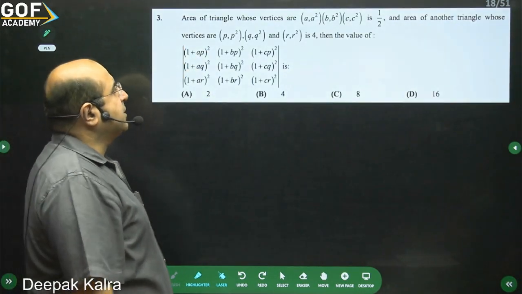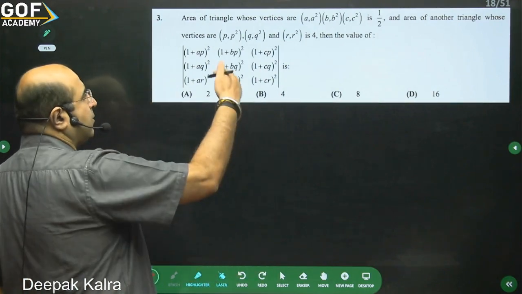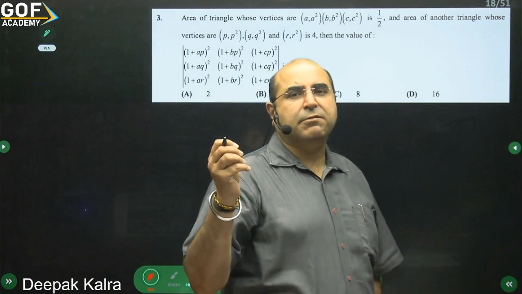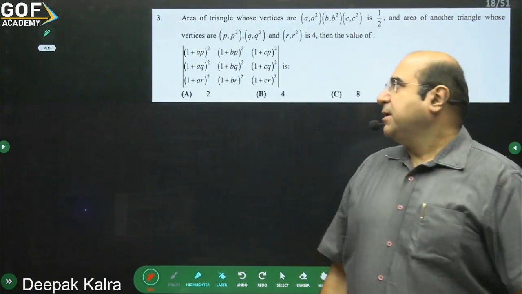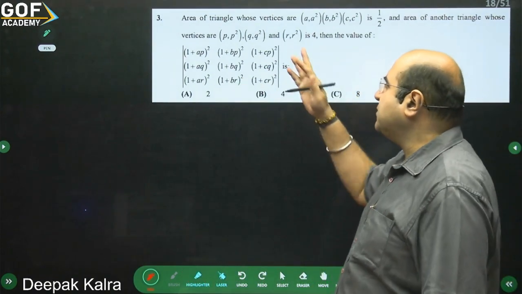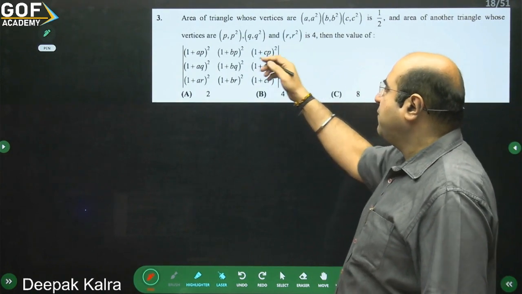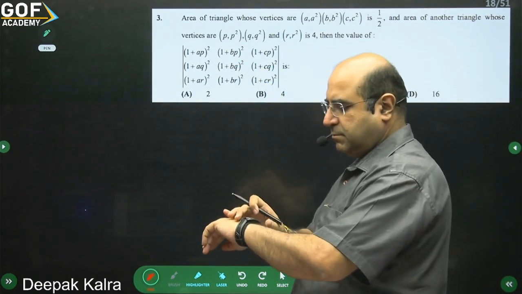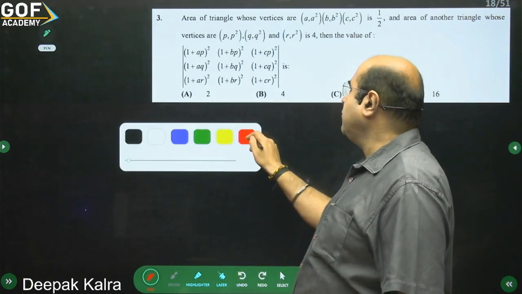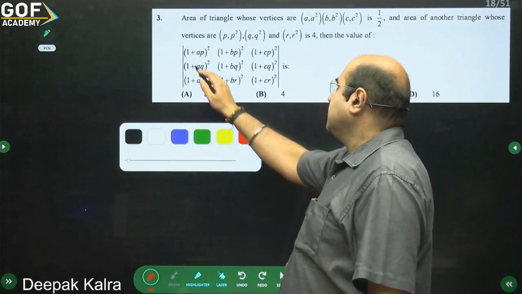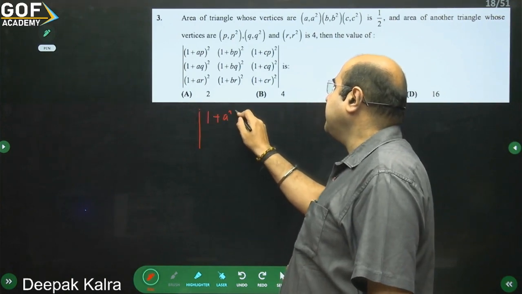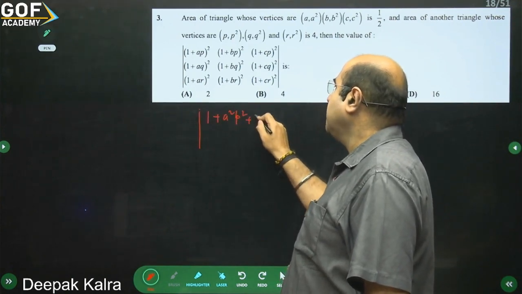Now going for this question, a pretty weird-looking question, means it takes time if you just solve it mechanically or manually. In mid-set determinants, these things will always be troubling you. First of all, you need to open it up. When you open this one, you get 1 plus a square p square plus 2ap.